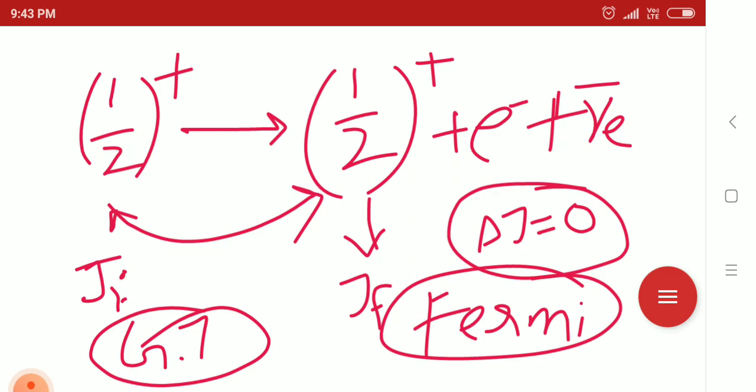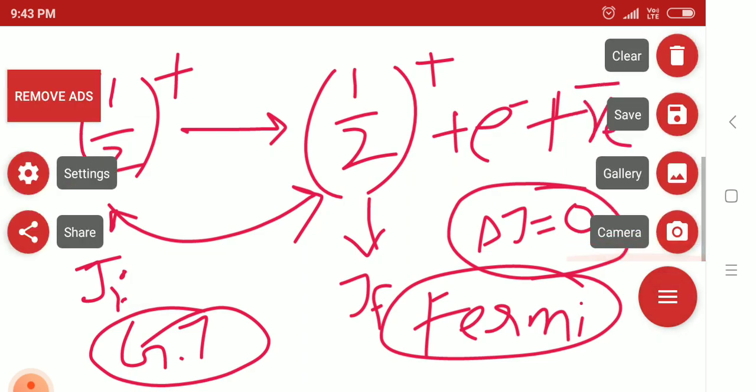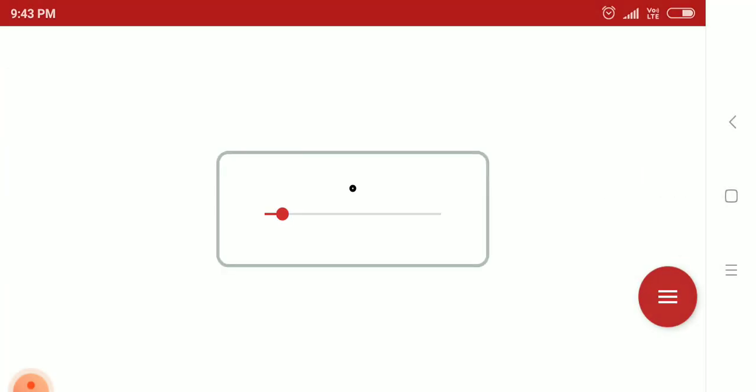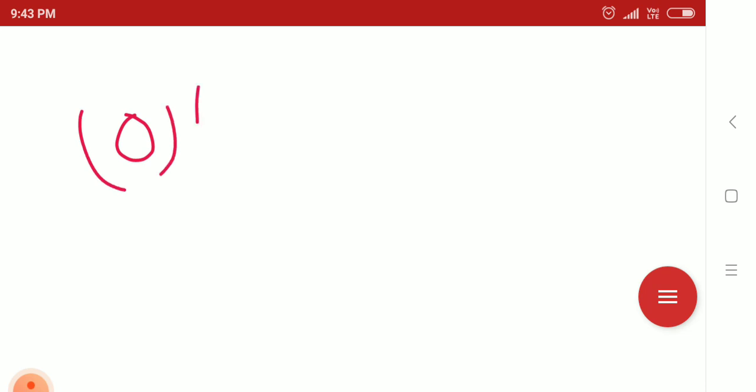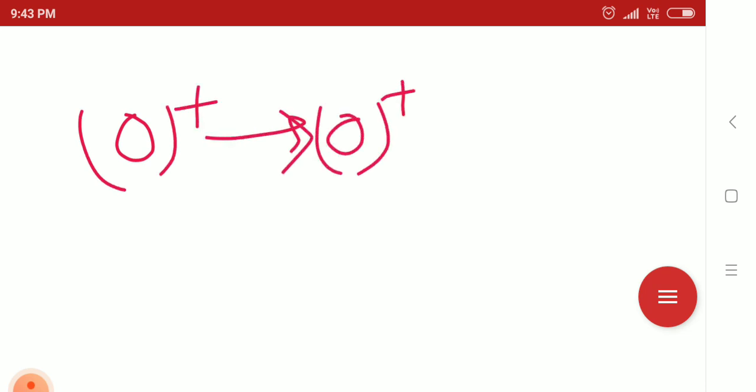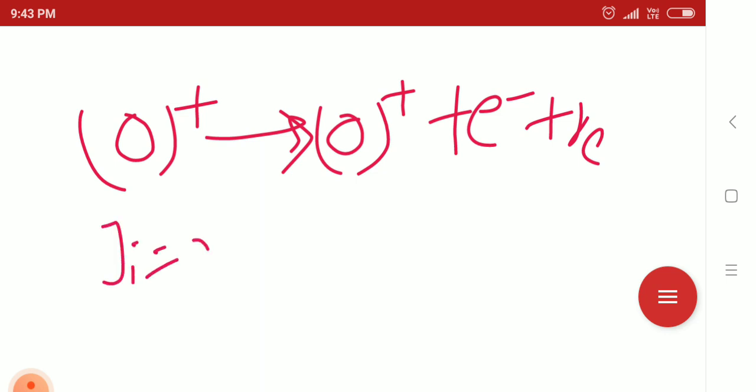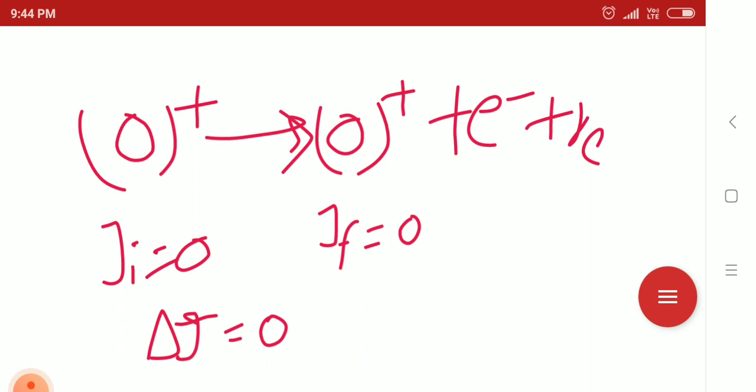Another example: suppose J is 0 plus, and the transition goes to 0 plus plus an electron and neutrino. What kind of transition is it? Here Ji is 0 and Jf is 0, so delta J will be 0.